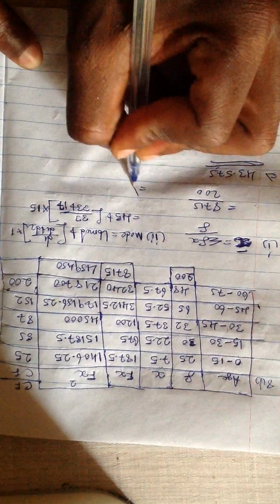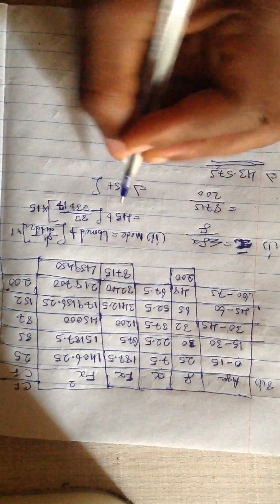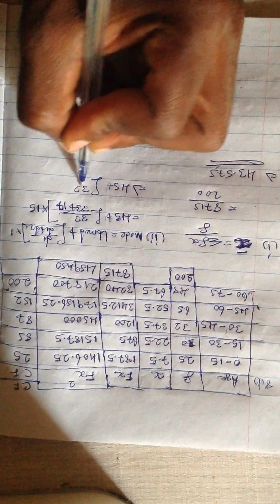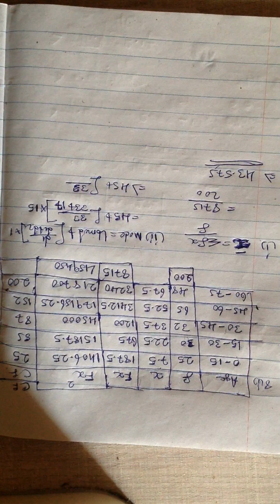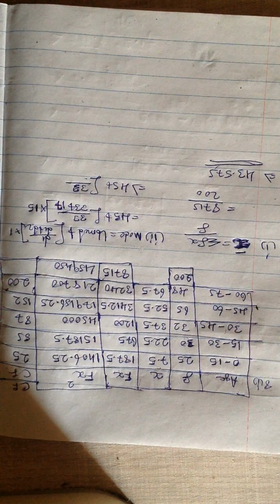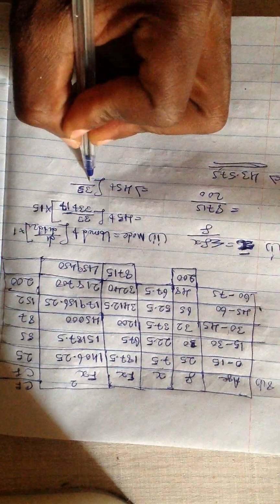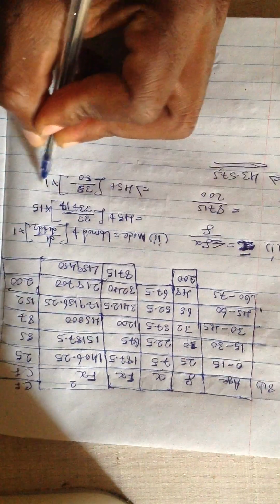Then we proceed. 45 plus 33 over 33 plus 17. What is 33 plus 17? Oh, sorry, 33 plus 17 is 50, not 20, sorry, 50 here. You multiply by 15.